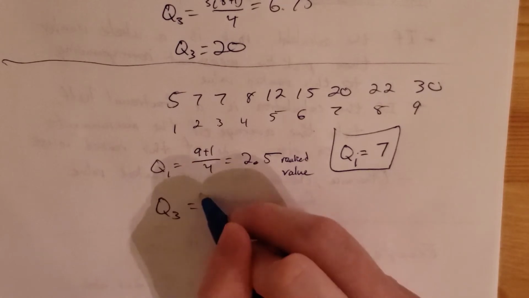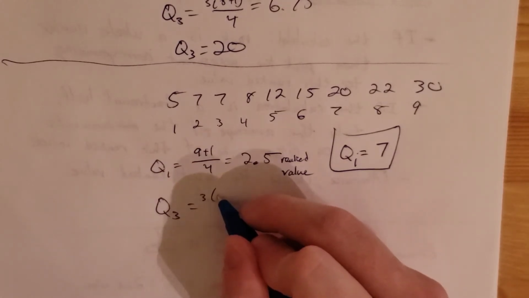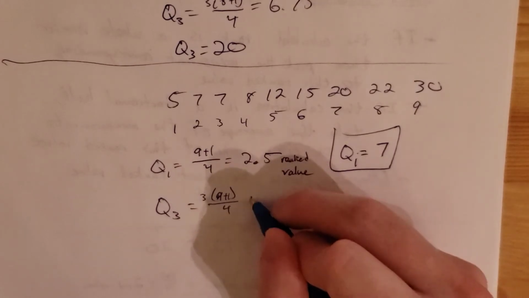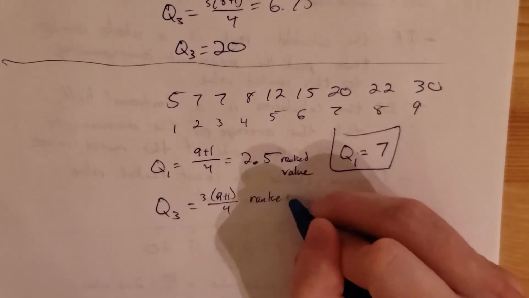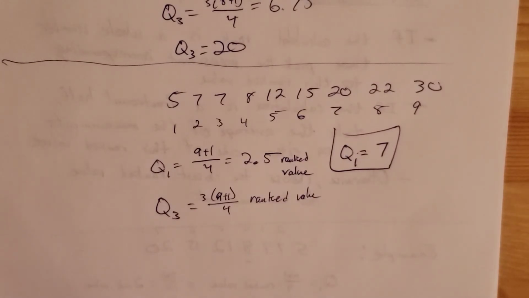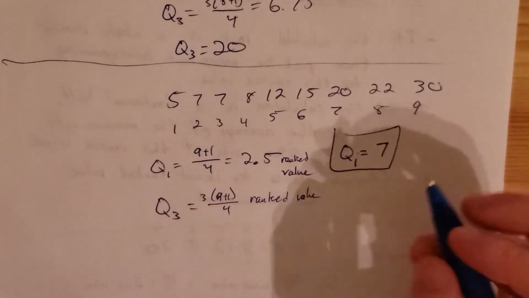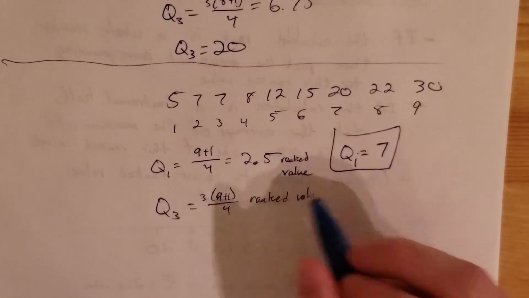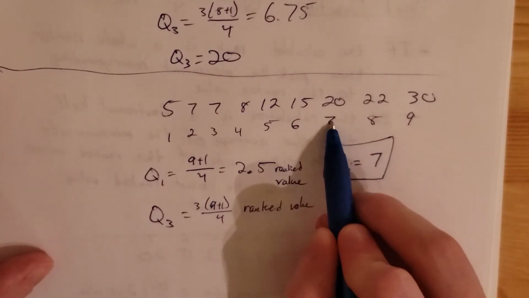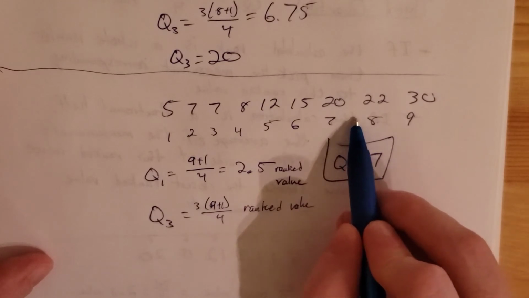Q3 is the 3 times n plus 1 over 4th ranked value. Well, that's 2.5 times 3, which is 7.5. So we look back at our data. So 7 and 8 is here. 7.5 is right there.